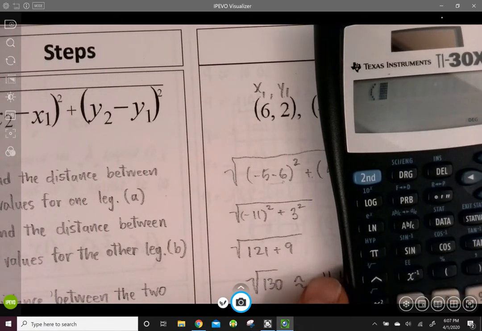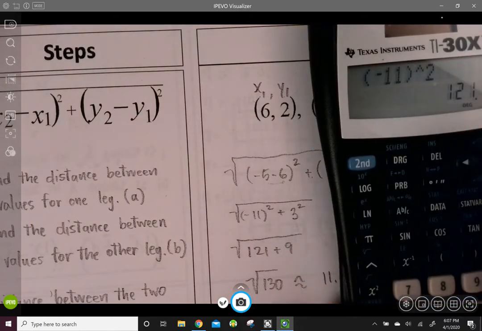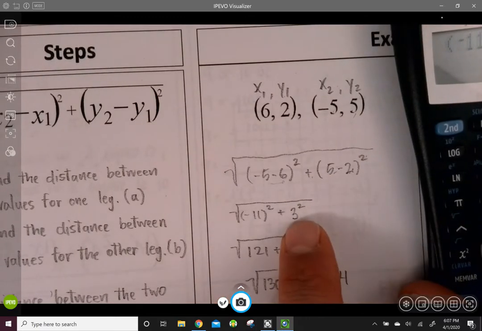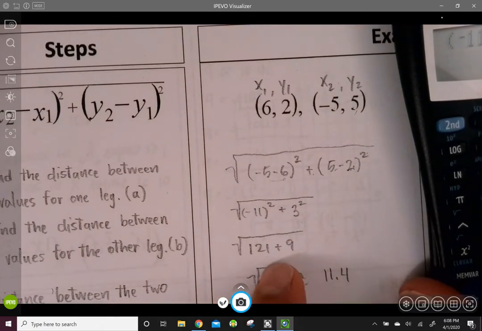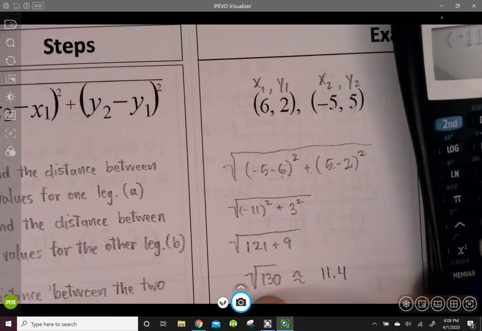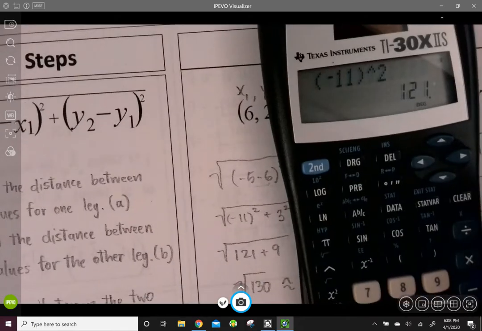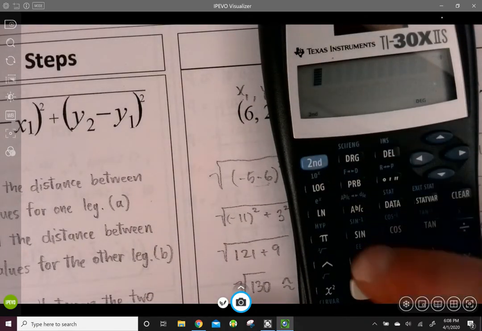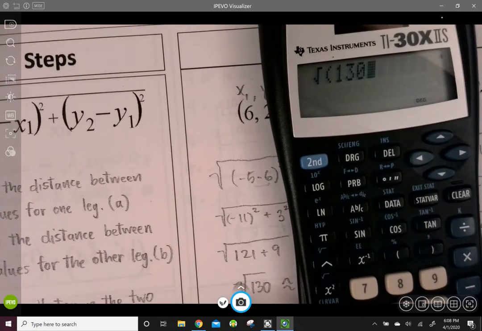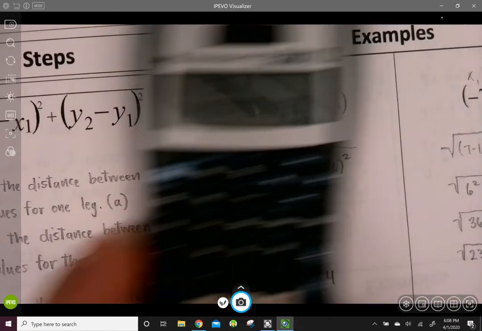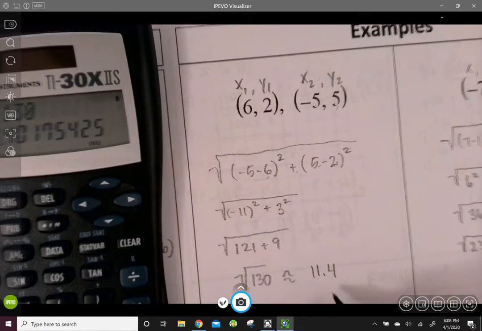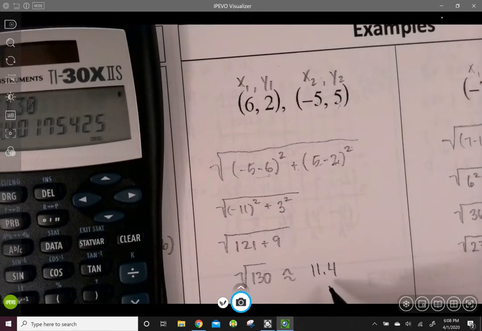If I do negative 11 to the second power, that equals 121. And if I do 5 minus 2, that's 3, and if I square that, that's 9. So what I wind up with is the square root of 130 is equal to the distance between these 2 points. The square root of 130 is 11.40, and we rounded that answer to the nearest tenth, 11.4.